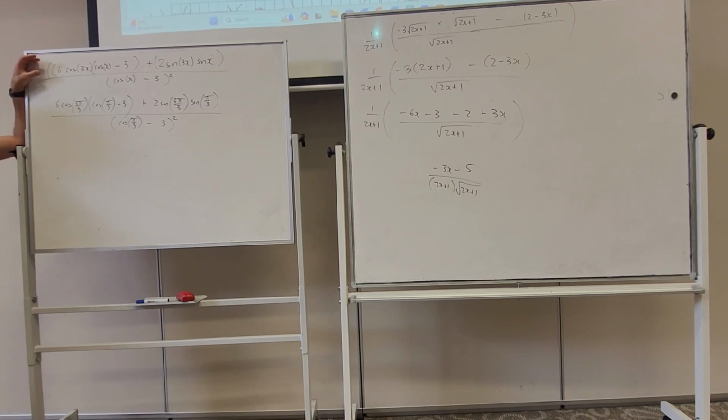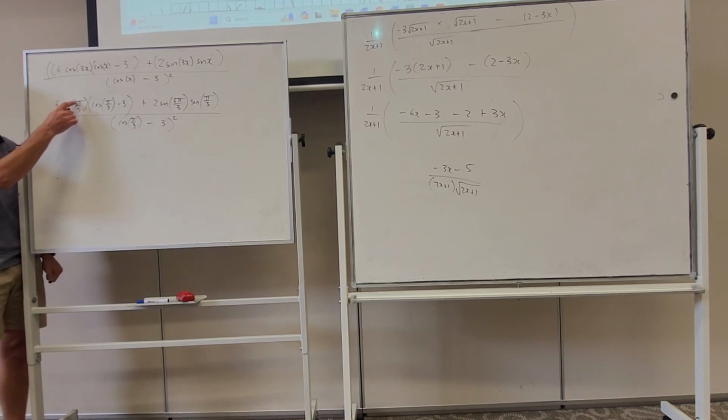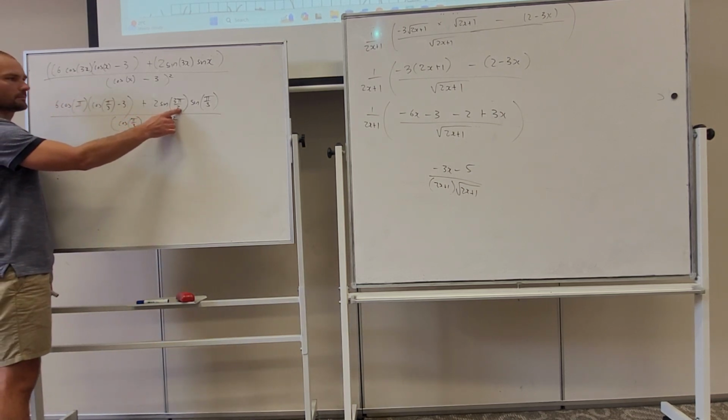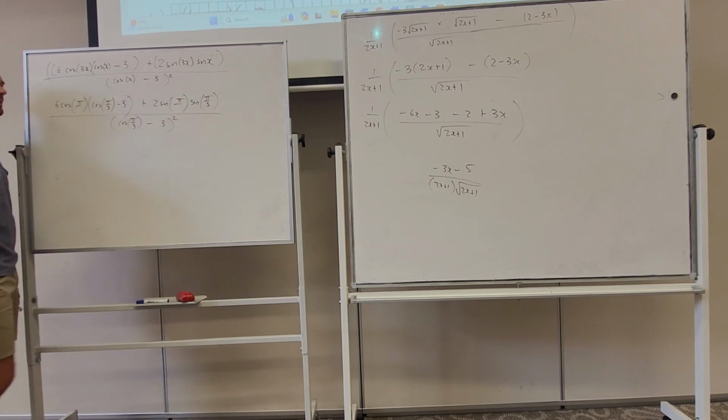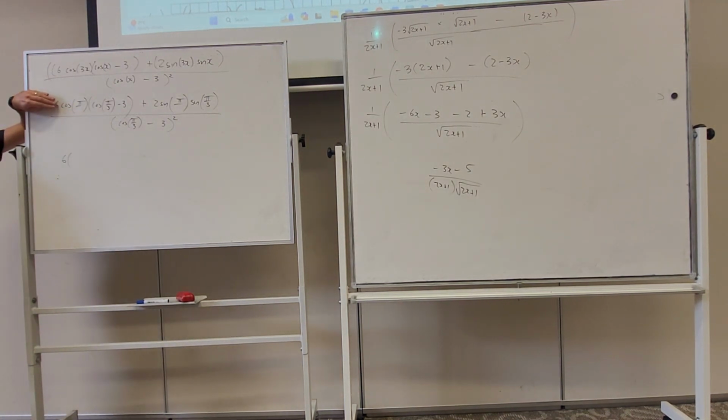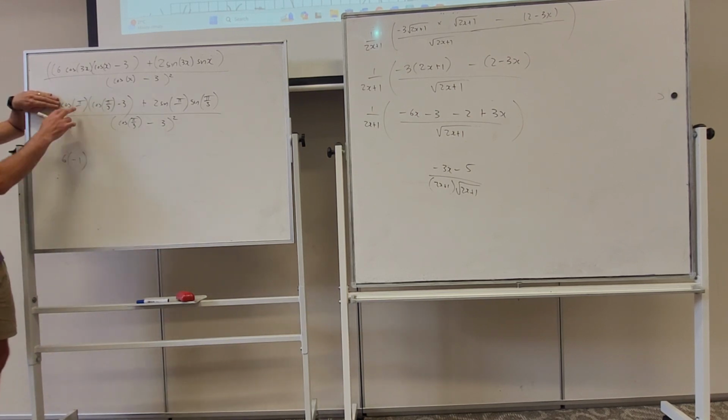Now, it does simplify a little bit, because if I have 3 pi on 3, the simplest way for me to write that is pi. So I'm just going to go through and fix those ones. That's going to be there and there. And then we're just looking at our unit circle. So I have 6 times cos of pi. Cos of pi, when I look at my unit circle, is minus 1.